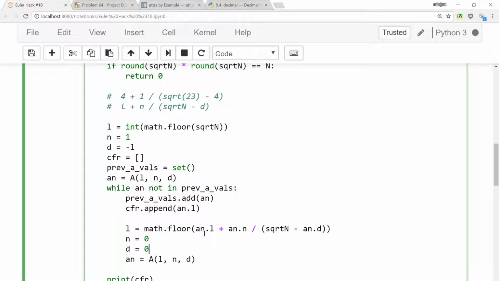This doesn't have to be so precise, it just gives us the 1.